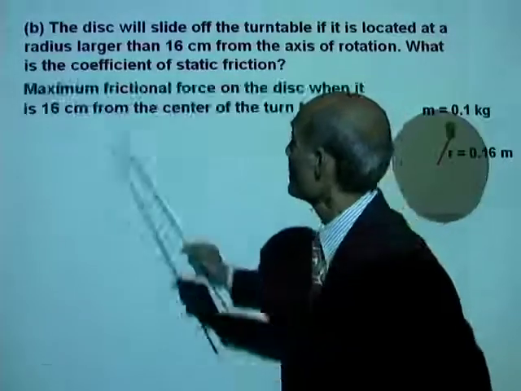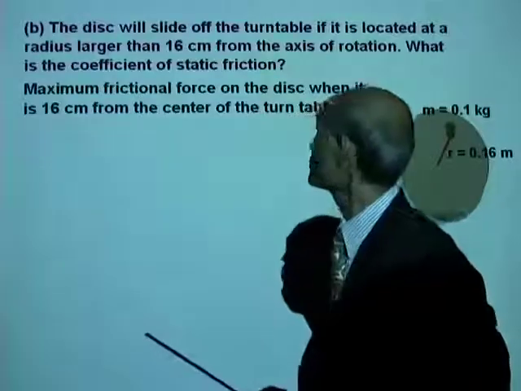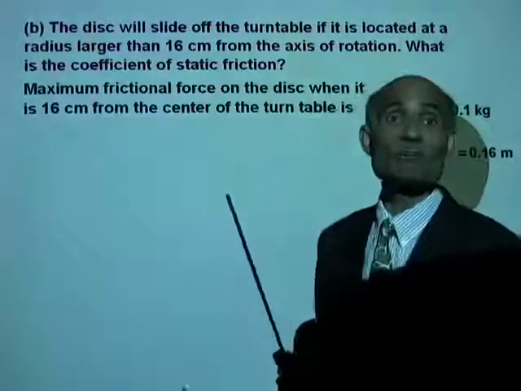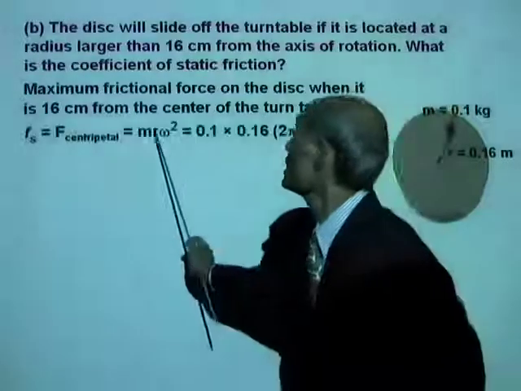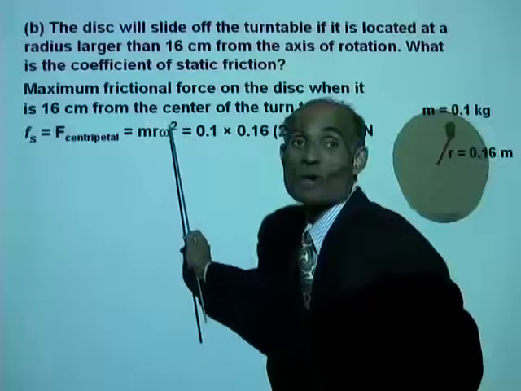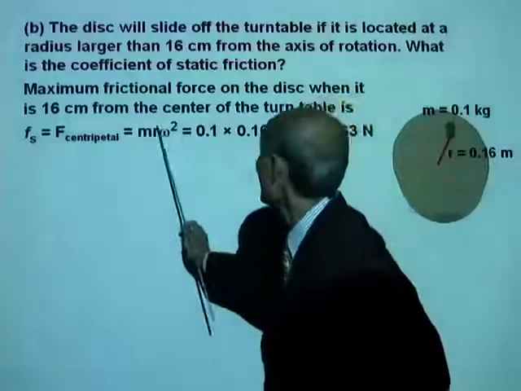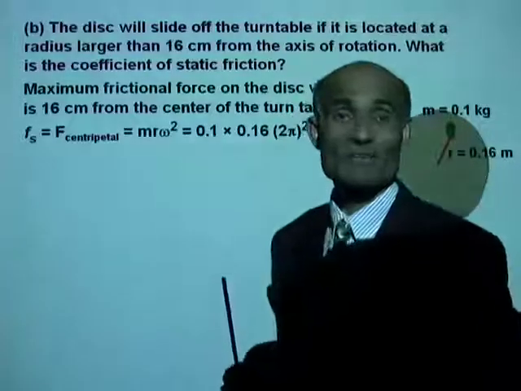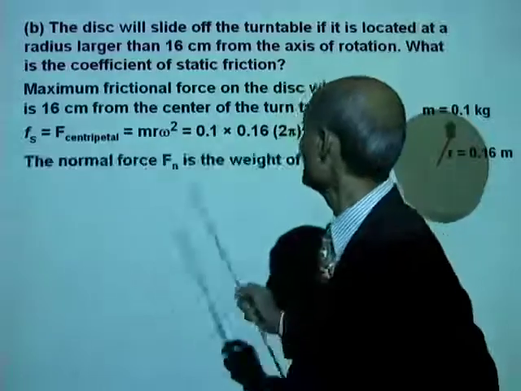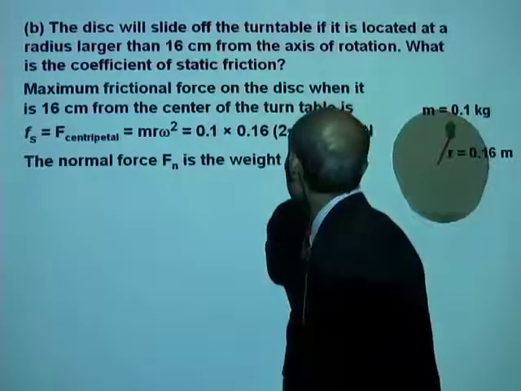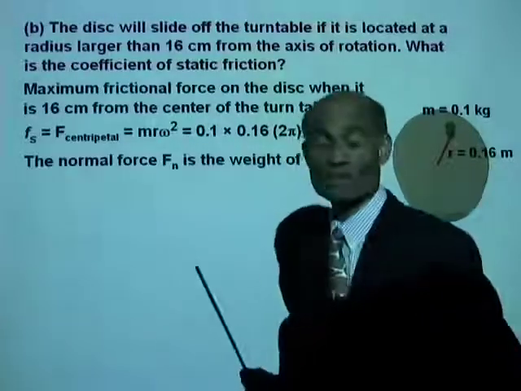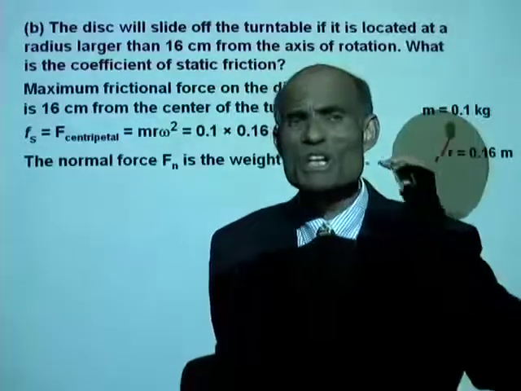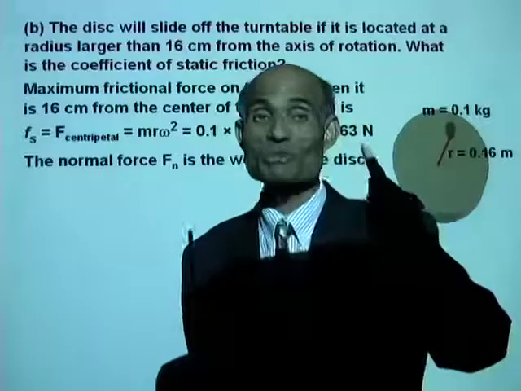Well, the maximum frictional force on the disc when it is 16 centimeter from the center of the table is again m r omega squared, where the radius is now 0.16, and that will be 0.63 Newton. So that 0.63 Newton is the maximum centripetal force.